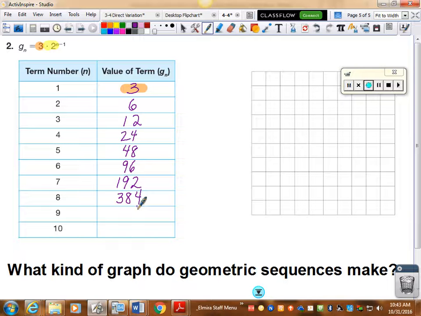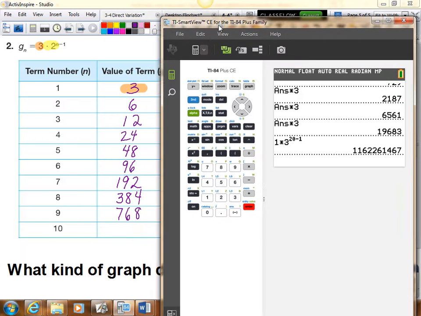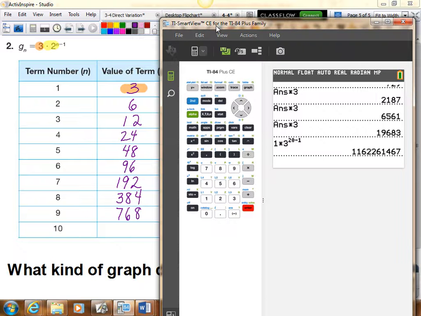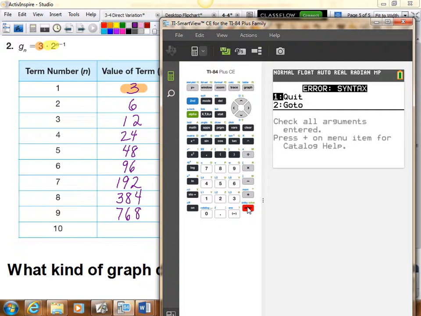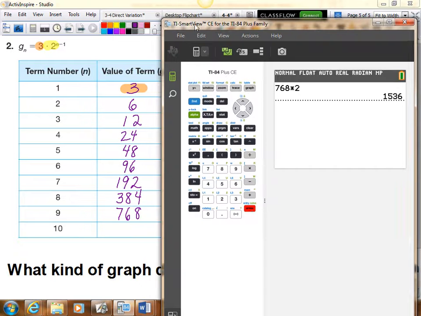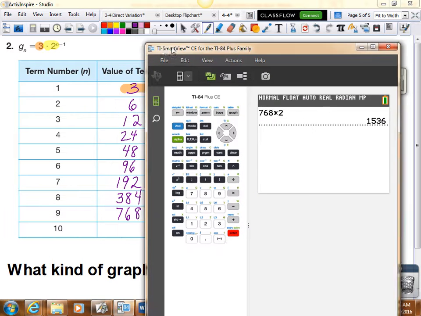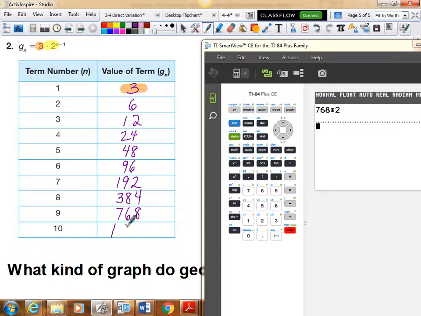Then I start having to slow down and I can't do them in my head as fast. 768. And then I'm just going to go for sake of time. 768 times 2 is 1,536.